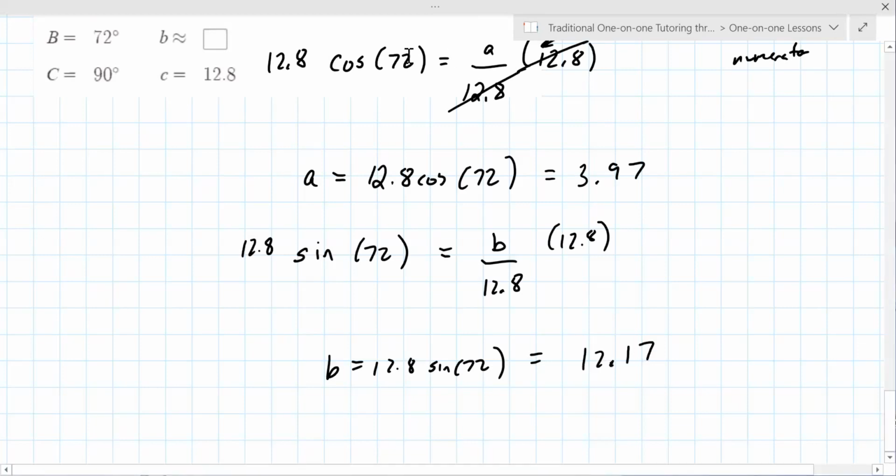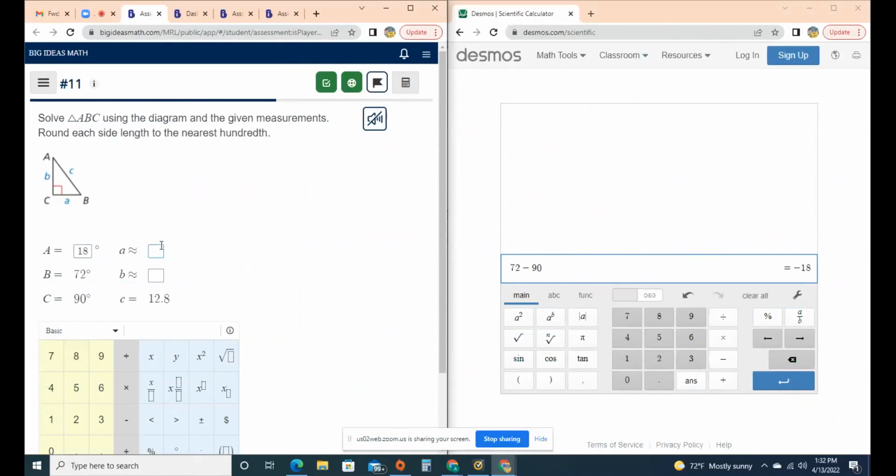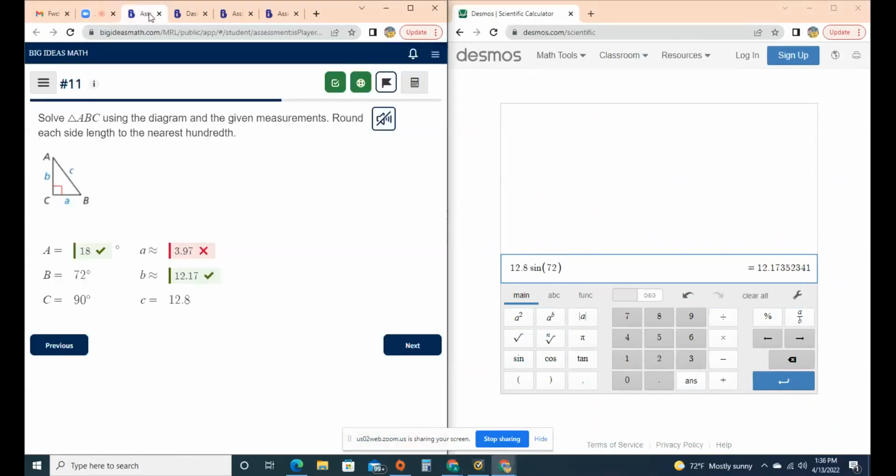I'll have to take a look here. Okay. So another possibility is that they are using the Pythagorean theorem to solve for the sides, which really shouldn't impact what we're doing, but for some reason it is.